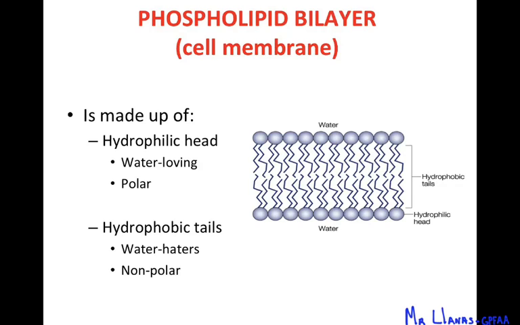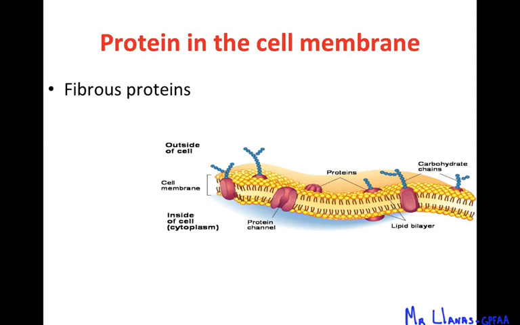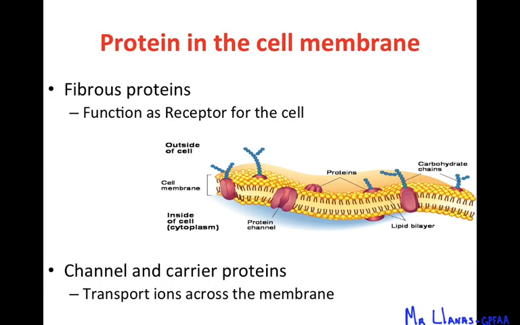Okay, all right. Now, there's proteins in the cell membrane, like fibrous proteins, and they function as receptors for the cell. They're just in the cell membrane, and they signal the cell, and they see if there's any changes. They sense any changes in the cell membrane. Okay, they're just receptors. Now, there's other ones that are channel and carrier proteins.